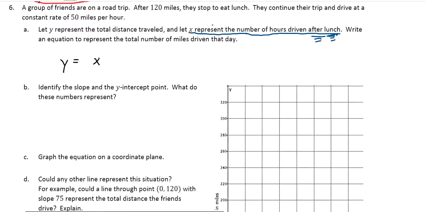X does represent the number of hours driven after lunch. Remember, when we have linear equations like this, where we have a constant rate of change, our rate of change is the m. In this case, our rate of change is 50 miles per hour.